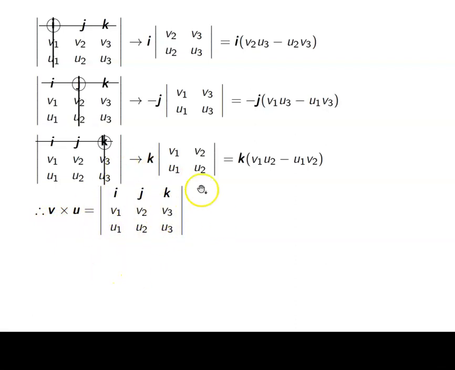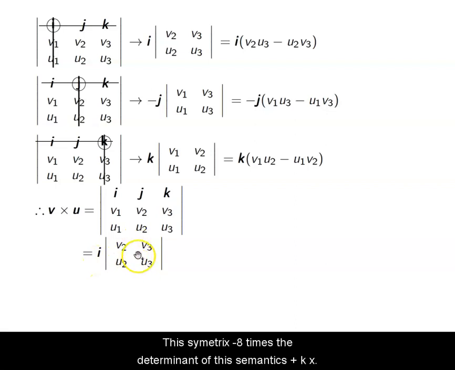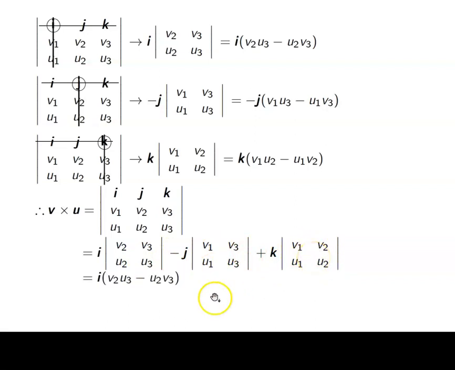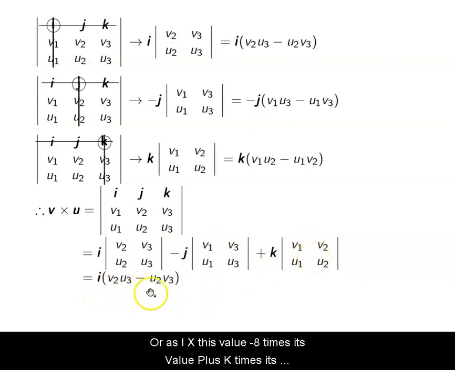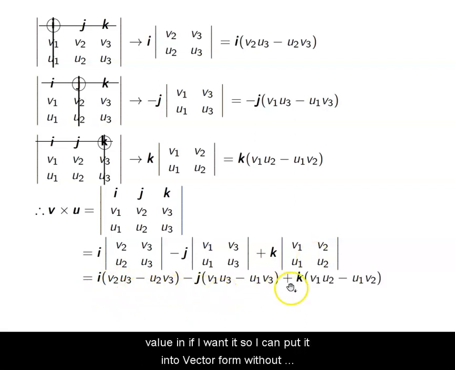Okay. Formulaically, it's i times the determinant of this submatrix minus j times the determinant of this submatrix plus k times the determinant of this submatrix, or as i times this value minus j times this value plus k times this value.